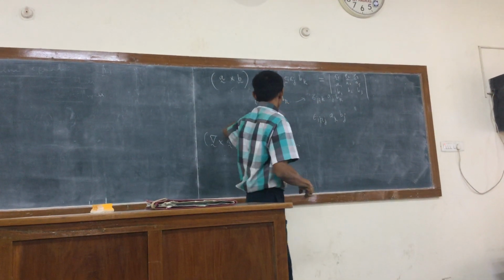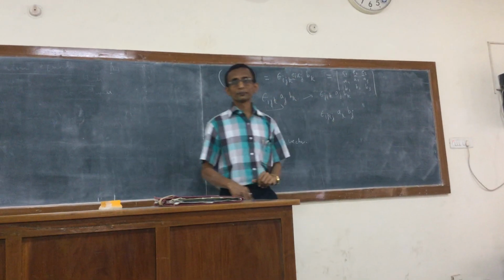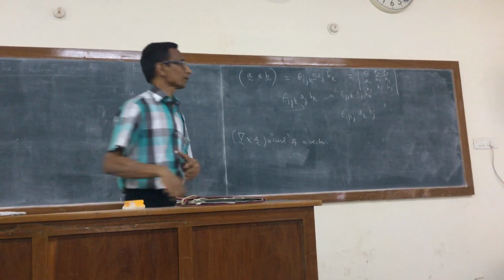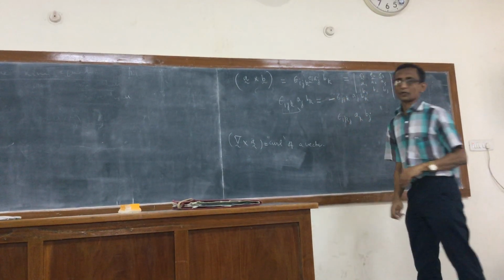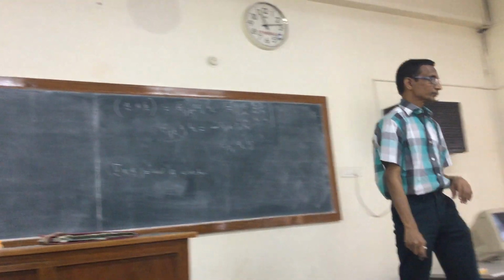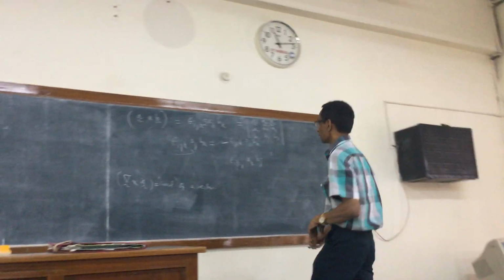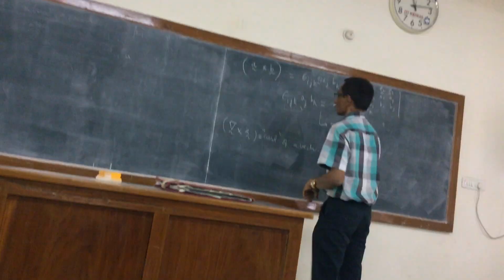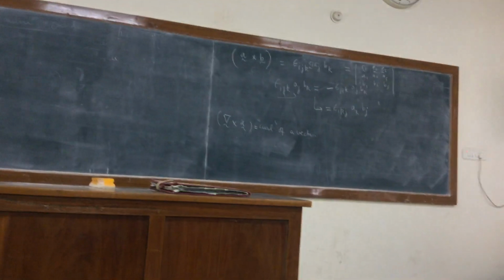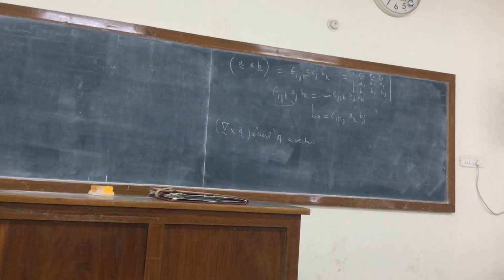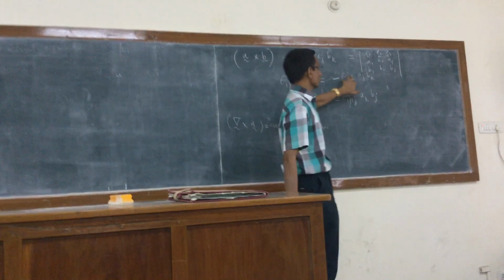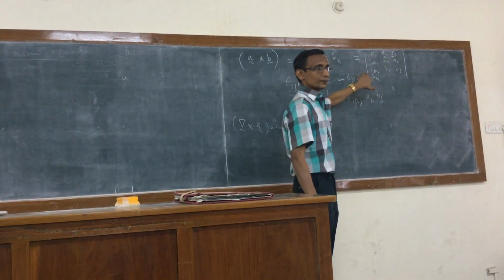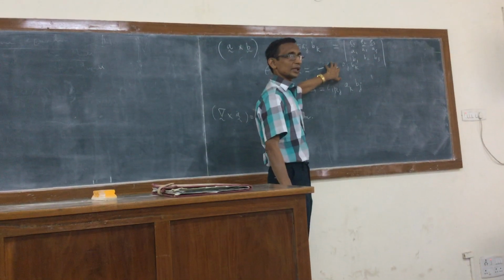Now, if you consider these two, you can easily verify that this is equal to the negative of this, right? And this is simply equal to that, the second sum that I have written. First of all, it is very clear, in both cases, both are sums over j and k.